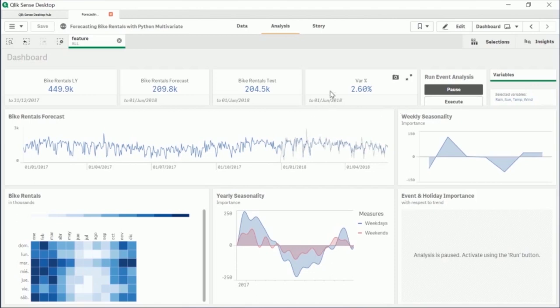Okay, it's done. Okay, so the first thing we can notice is that the variance has decreased a lot more. We are now at 2.6, and the first time we were over 3.13. And also, our bike rentals total has decreased.